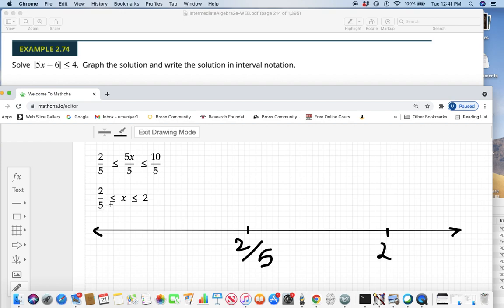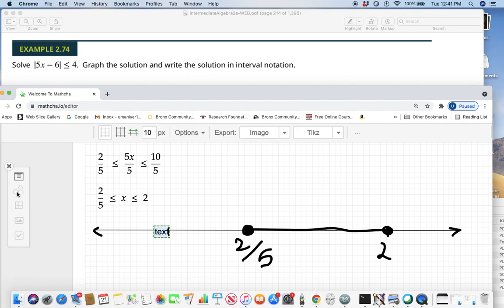Is 2 over 5 included? Yes, that equal tells me it's included. So the point here is a filled in point. Likewise, is 2 included? Yes, there is that equal possibility. And x is between 2/5 and 2 inclusive at the end points. So it starts at the end point and continues until the end point. This is the graph of this inequality.